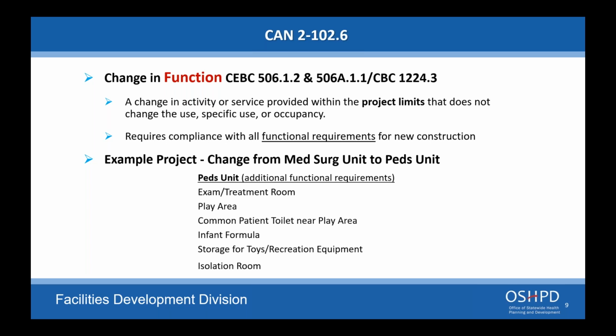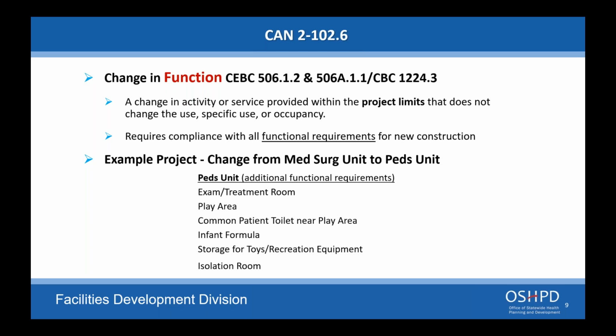It doesn't need to be a full-blown functional program for a lot of these projects. The example is if you're doing imaging equipment replacement, you're not changing the function of the room, but because of the types of procedures that we need to verify, if you don't submit a functional program, we'll probably be reaching out to you and asking you to provide it, or as a minimum, the list of procedures that are being done in that room.